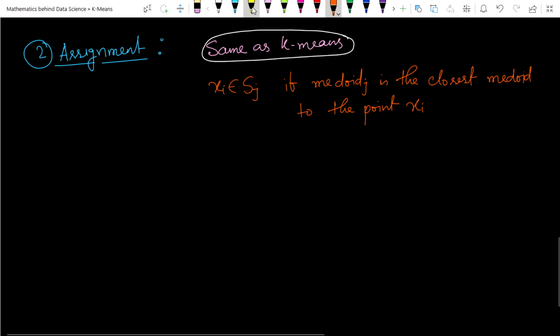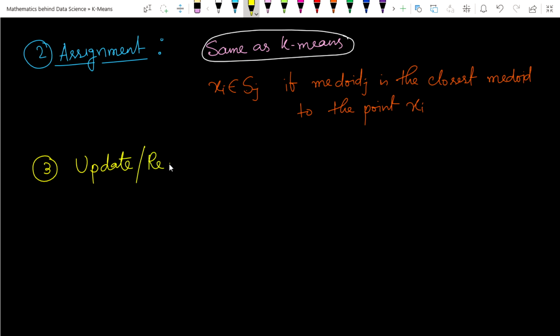Now the main changes are here: the update, or recompute, stage for the centroids.